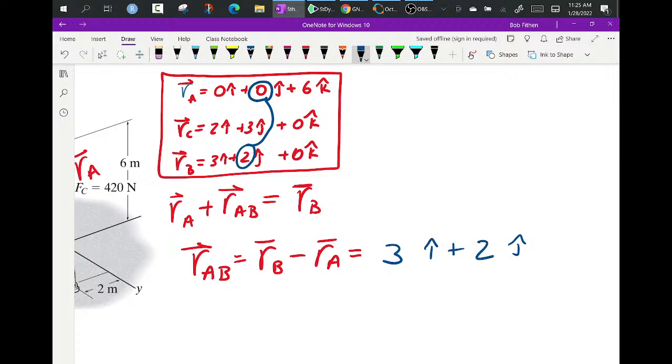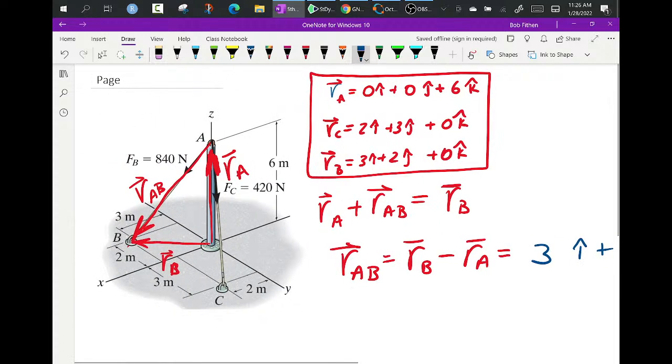That just becomes 2. Then I do the K component. Okay, I do RB minus RA. This is a time in which I do get a minus 6.